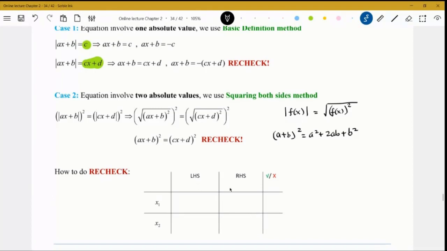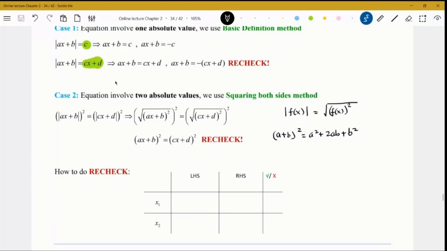So left hand side, right hand side, we do separately, and then substitute all the x that we have, and then kita tengok kiri kanan sama ke tidak. Kalau sama, kita accept. Kalau tidak sama, dia adalah rejected. Okay, so that's how for the recheck, and then two different cases untuk equation of absolute values.